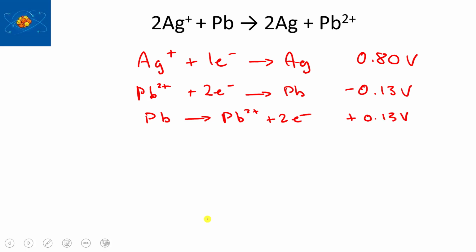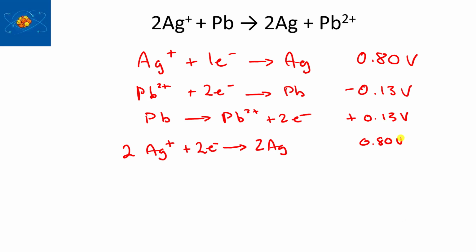And for the silver, we'll need to double it. Again, this is the same half reaction we dealt with before. We ended up doubling it, like that. This is going to still be 0.80 volts. So we don't double the voltage when we double the reaction. And then we add these together.